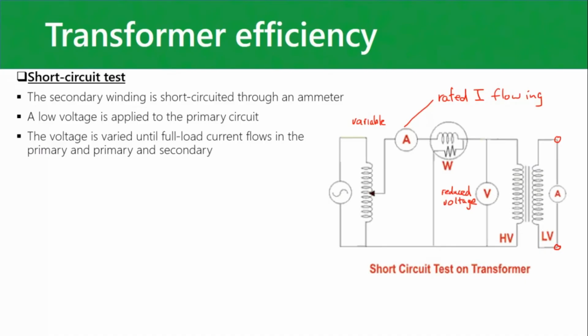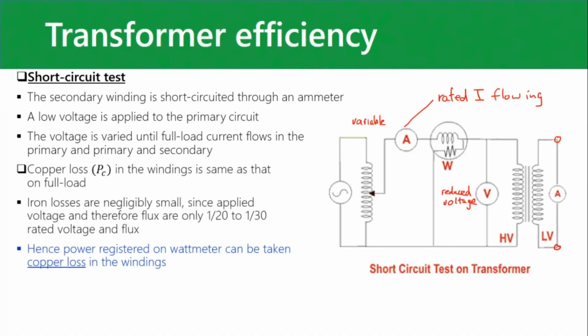Because the windings are the only thing opposing this current, we take the measurement from the watt meter. We call it PC, the copper losses in the windings. So I squared R in the windings is the only place where you're getting losses, since there's no load.